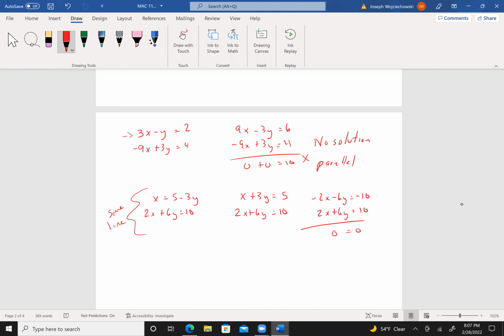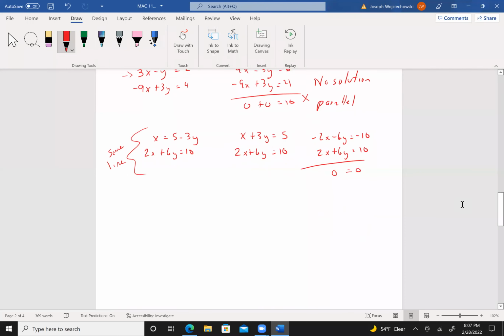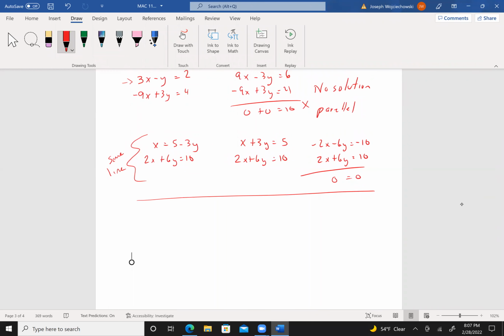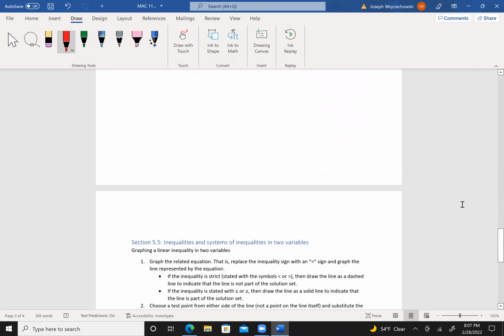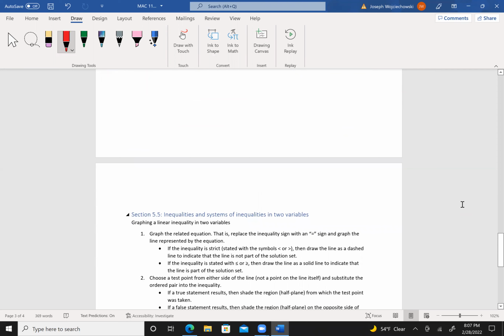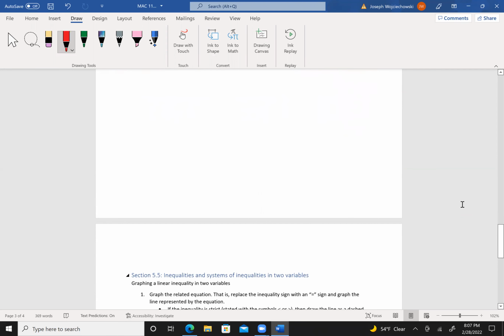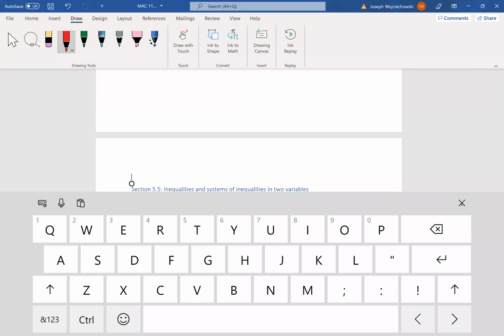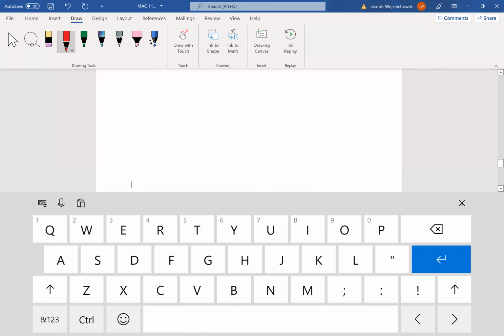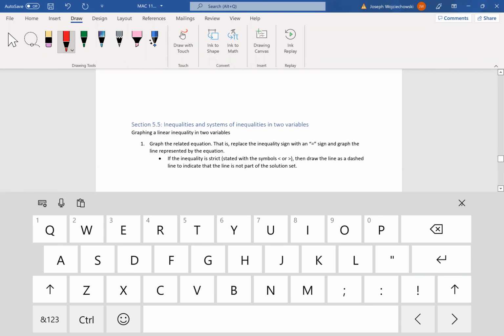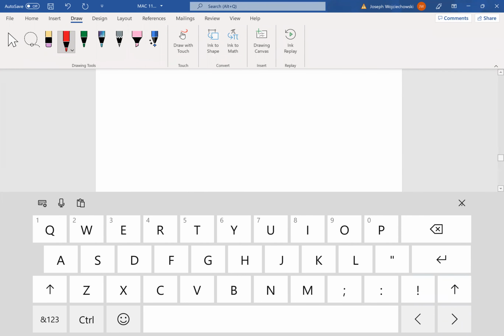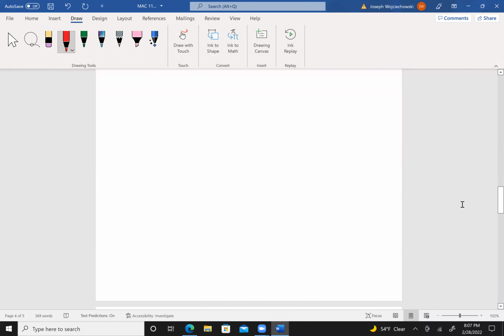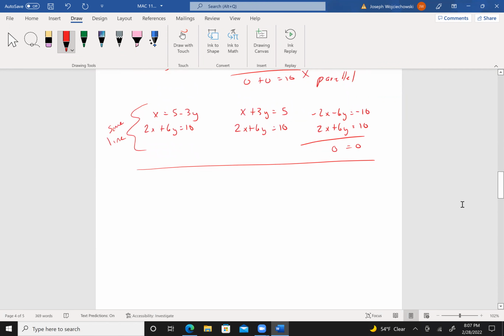Okay. So next up, we're going to solve applications involving mixtures. So what do we got going on here? Let's see.